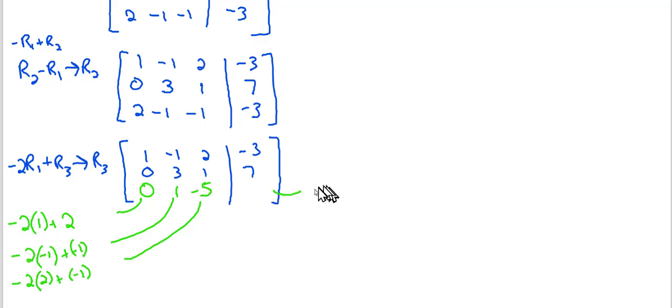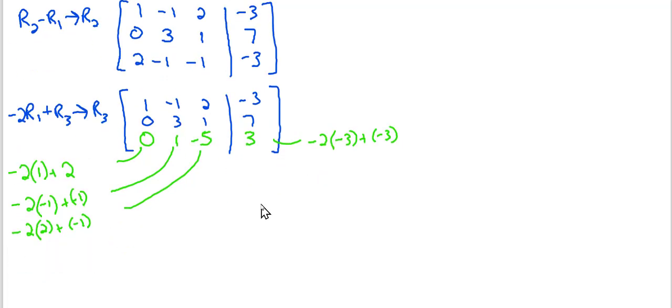One more spot here. -2 times row 1 is -3, plus the row 3 entry is -3. 6 minus 3 is 3. Okay, I have my first column correct. Yay, that is good.